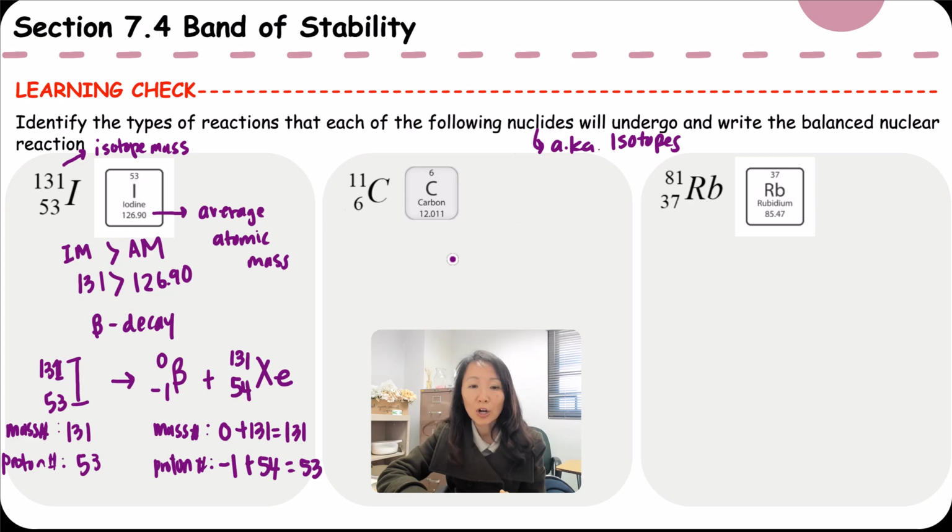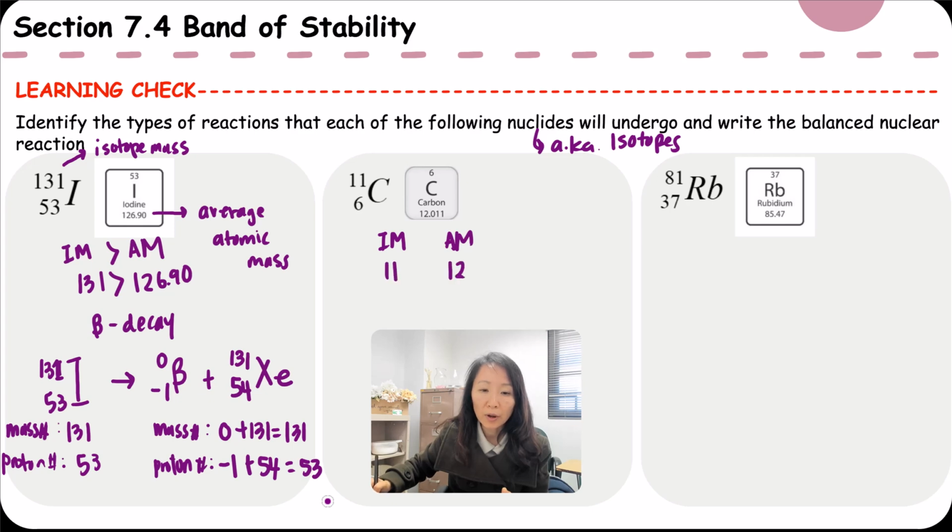Let's try carbon-11, atomic number 6. With carbon-11, we look at the isotope mass and we look at the average atomic mass. So you'll notice the isotope mass in comparison to the average mass is 11 versus 12.01. I'm less than AM, that's my little acronym there.